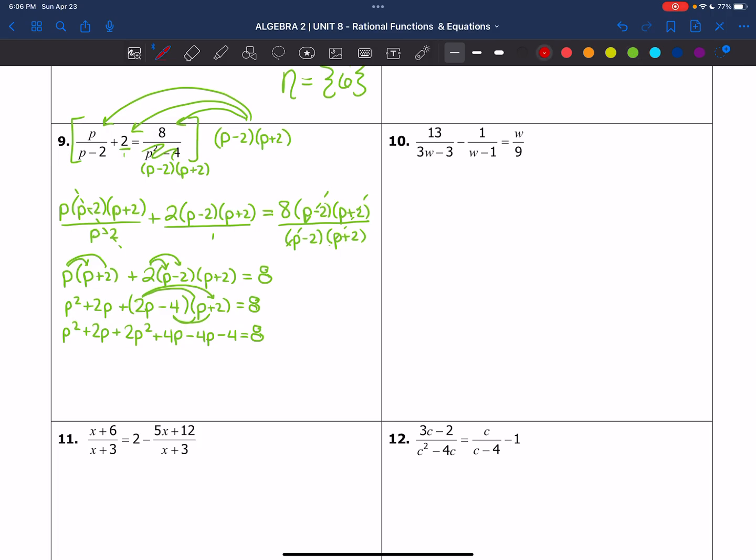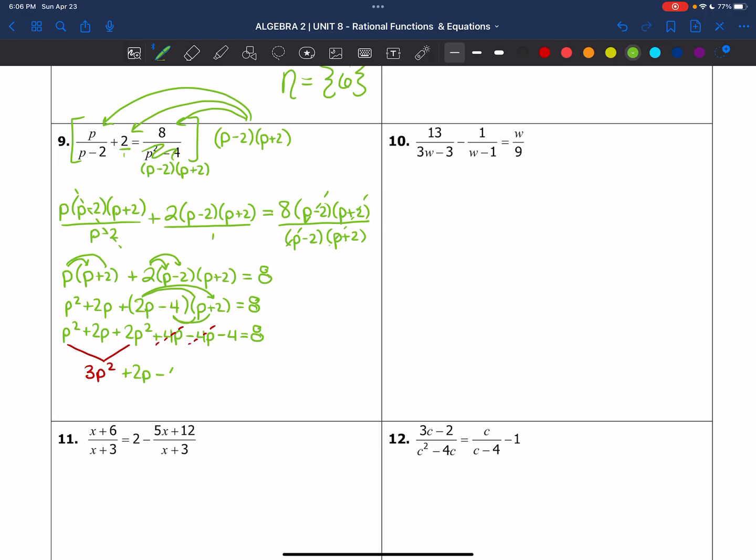Okay, I'm noticing here that I have a 4p minus a 4p, so those are going to cancel out. And I've got some terms that are going to combine together. I've got a p squared and a 2p squared, which are going to add up to be a 3p squared. And then after that, I've got my 2p.